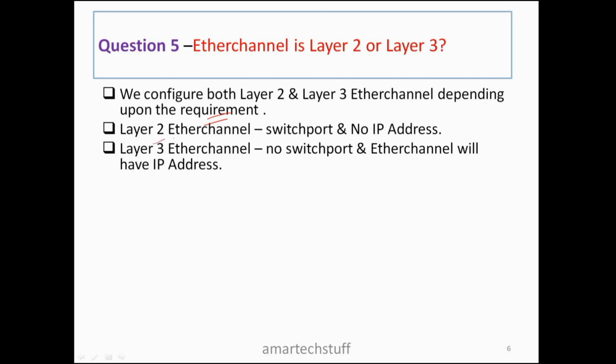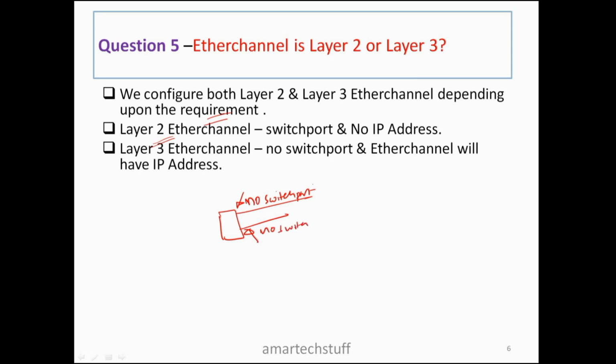Now, when we are configuring layer 2, these ports will be switchports, and when we are configuring layer 3, we have to make these ports no switchport. Remember, the ports of the EtherChannel are no switchports.